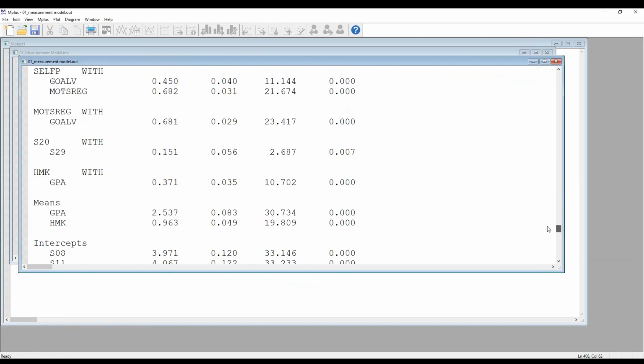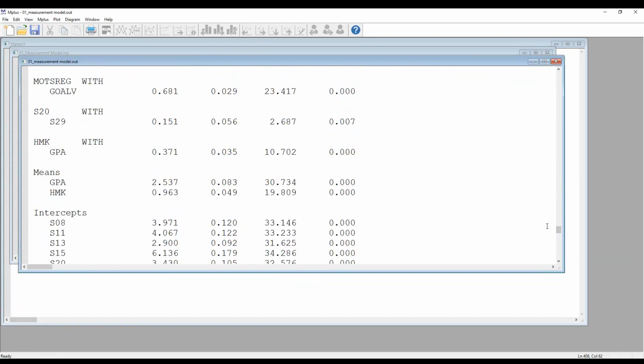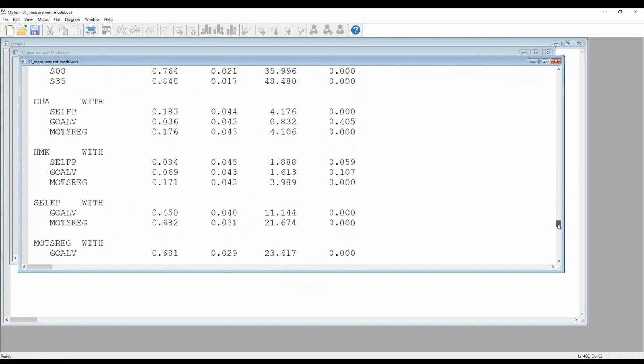So this is kind of interesting too. I can see the correlations between my latent variables. And you can see motivation and goal valuation are really pretty strongly correlated with each other. Let me make sure I'm in my standardized. Yeah, I am. Okay.